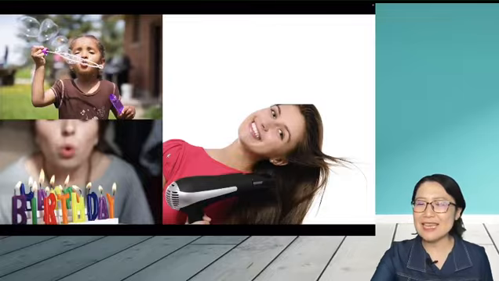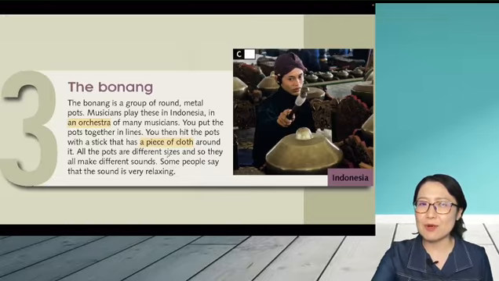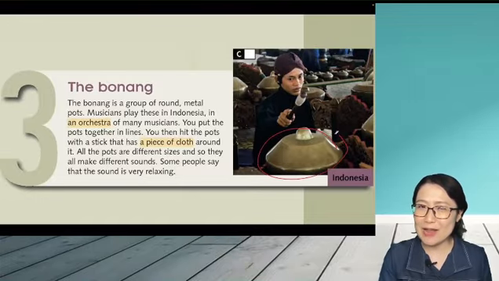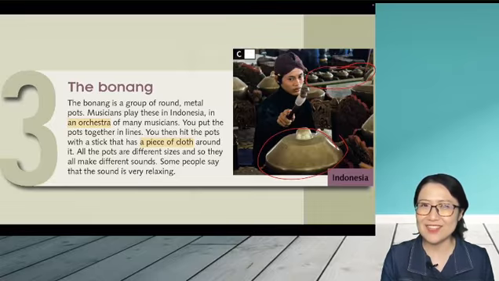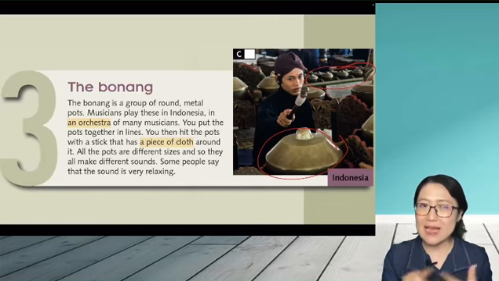And now let's take a look at number 3. Bonan. You see here, this is the bonan. And where is bonan from? Indonesia. And you see many pots here. 哎，像这种长得像锅一样的，我们都可以叫做 pot. Okay? And now let's see. The bonan is a group of round metal pots.